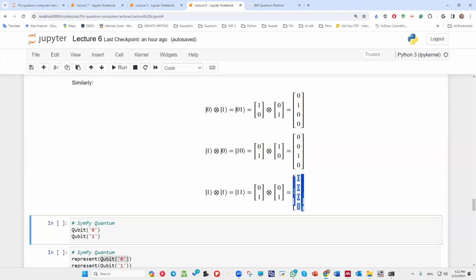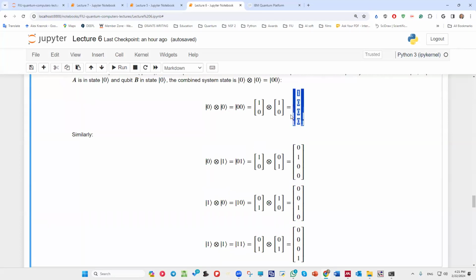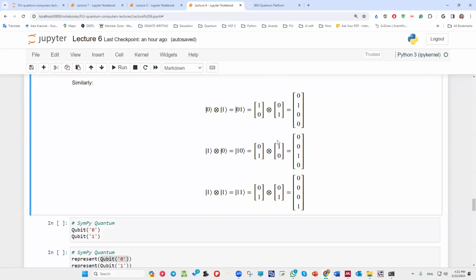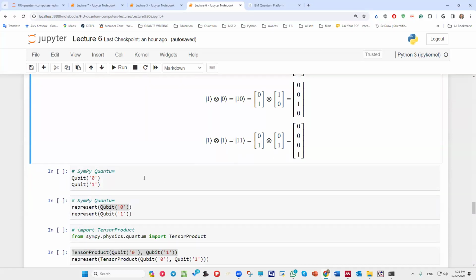These 4-dimensional vectors are the new basis vectors in the new Hilbert space. And again, the quantum state of the combined system can be written as a linear superposition of all these 4 vectors.